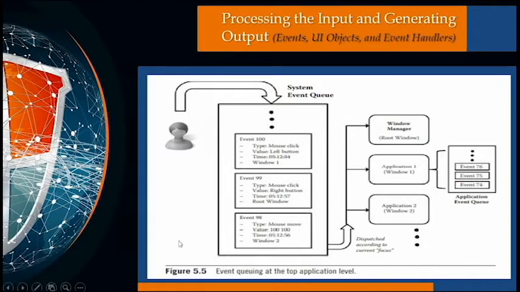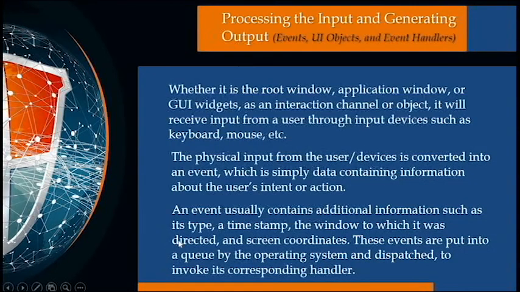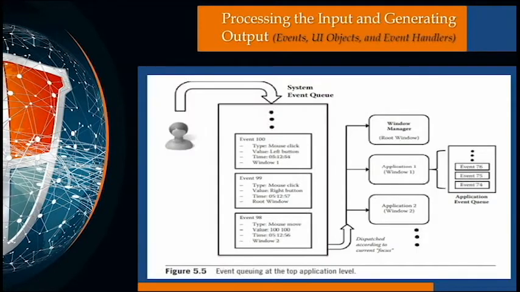The event usually contains additional information, like its type, value, timestamp, the window to which it is directed, and screen coordinates.